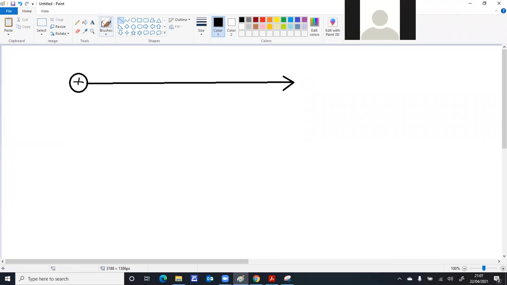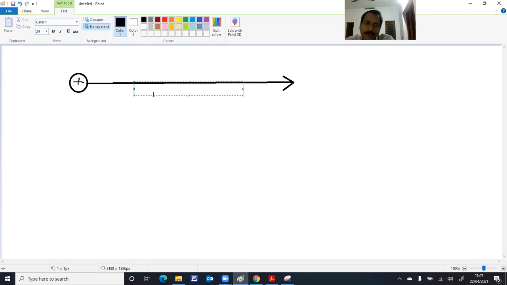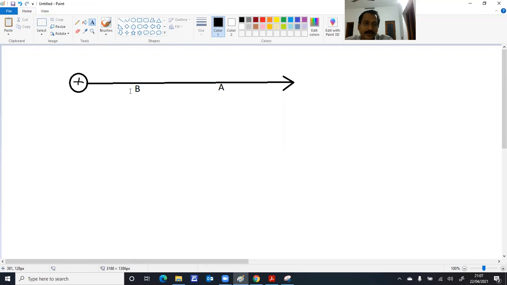In this, I'm taking 2 points. This is point B. This is point A. The distance for B is R B, and this distance is R A. So which has higher potential, A or B?